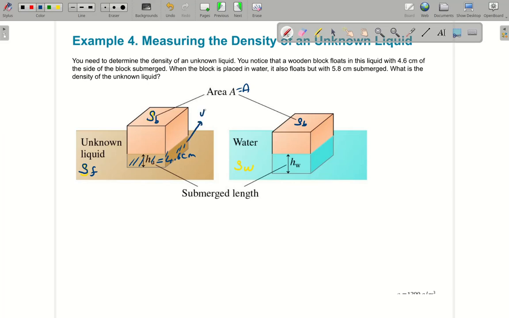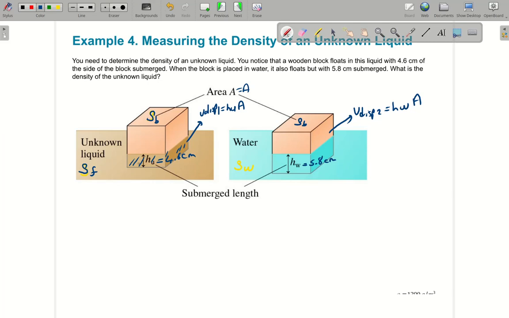So here we displaced one, which will be H_F times A. And if I put it in the water, 5.8 centimeters of it is sunk, and area again is A. The volume would be height times the area for a cube. So the displaced volume in the second case, we displaced 2, would be H_W times A.